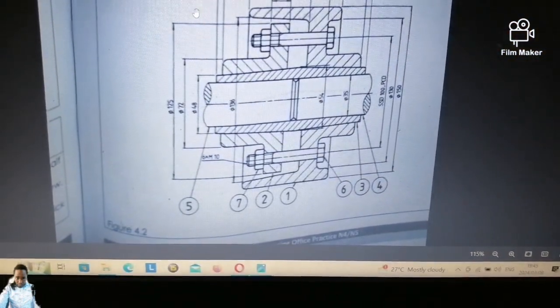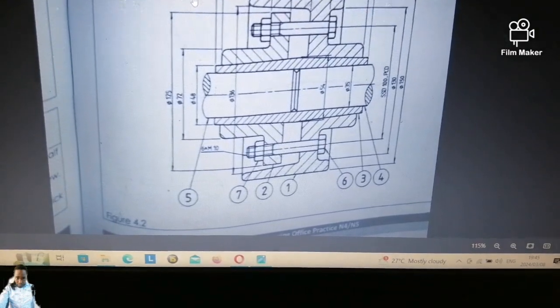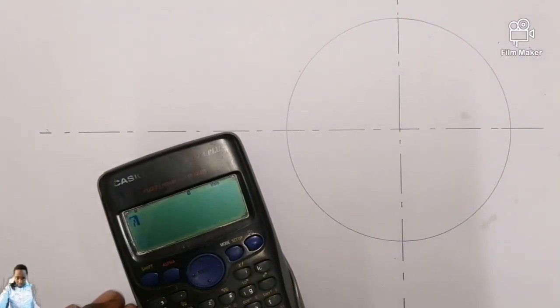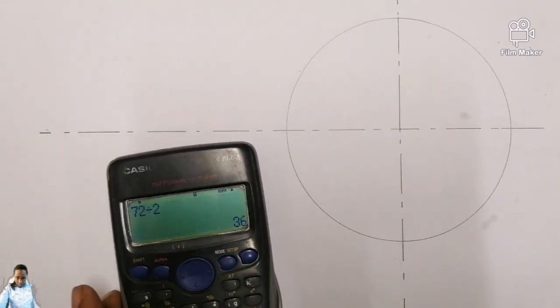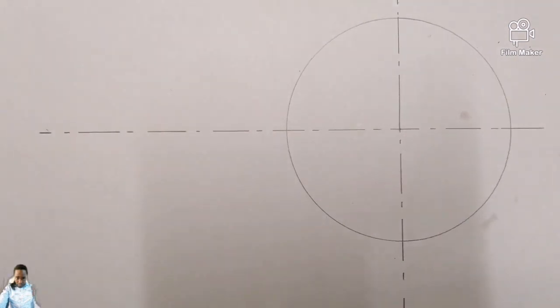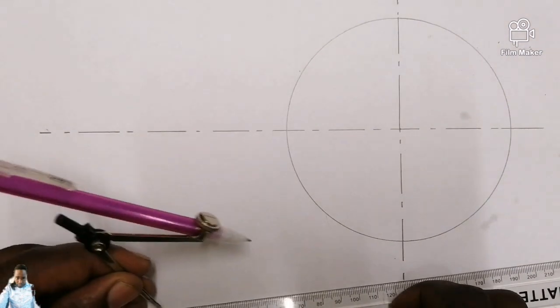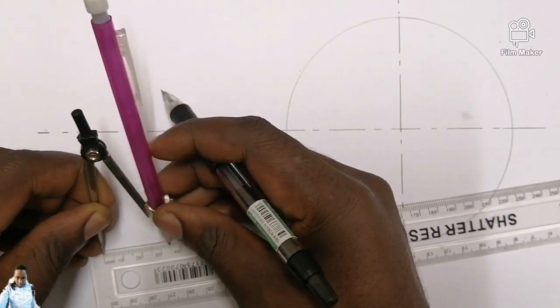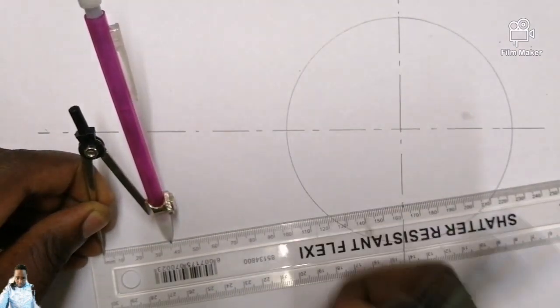Diameter 72, isn't it? So I am going to say 72 divided by 2. So that gives me what? The radius, isn't it? 72 divided by 2, I am getting 36. So you open your drawing compass to 36 millimeter.